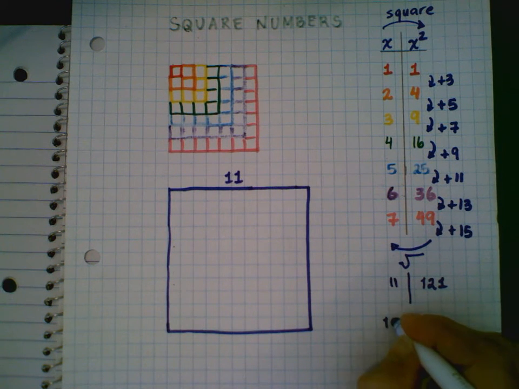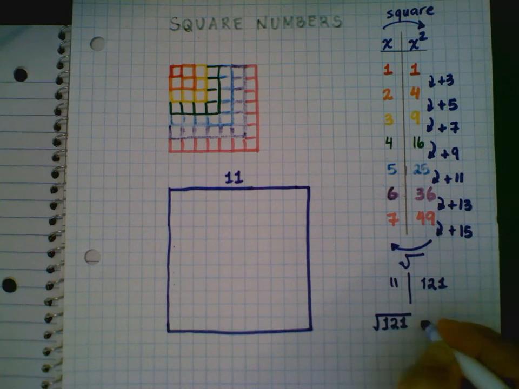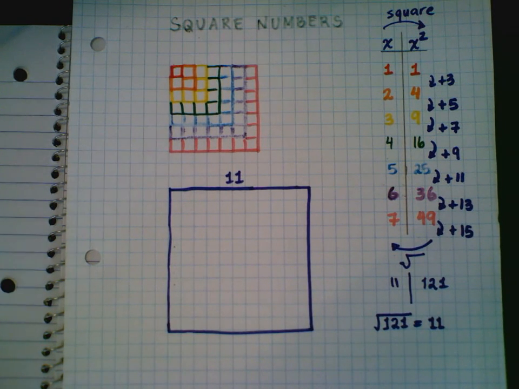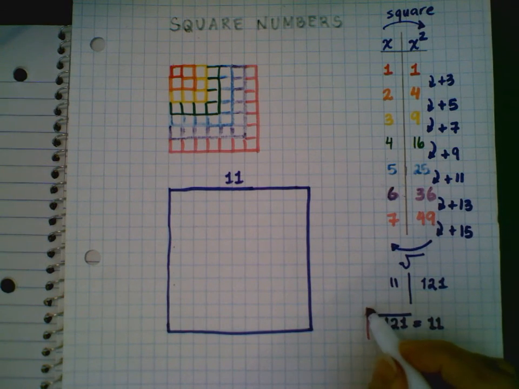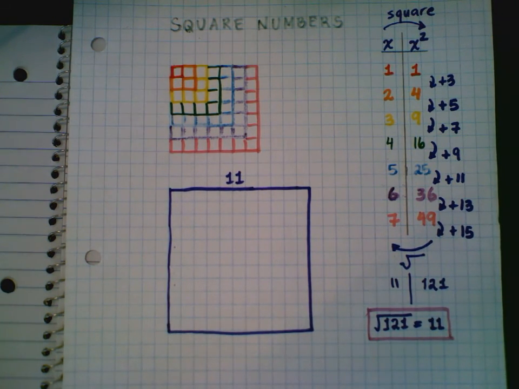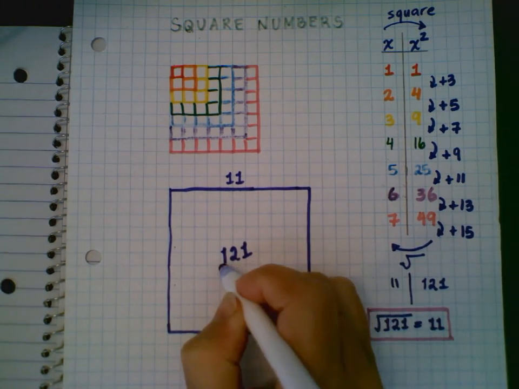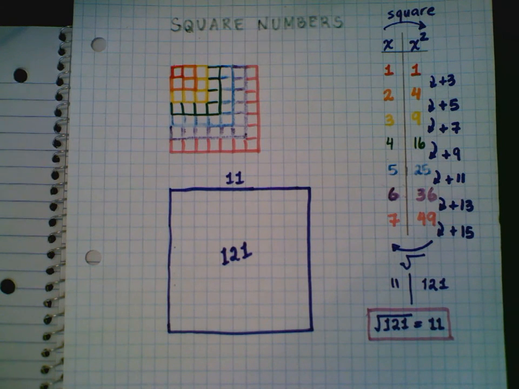So a statement that I could make that would be true is that the square root of 121 is 11. That's the connection between the area of a square and the dimension of the outside of the square.